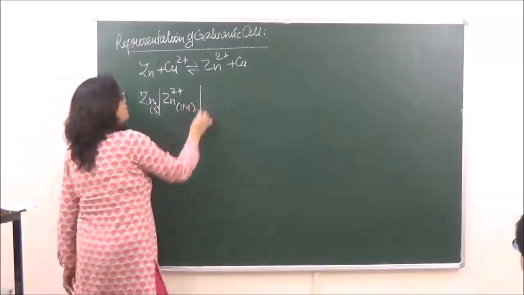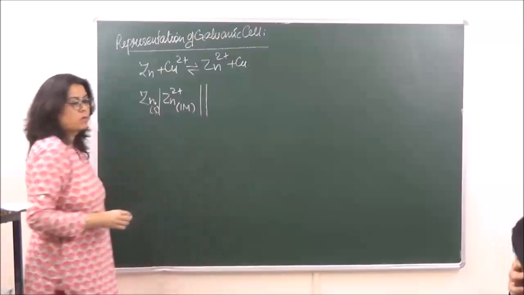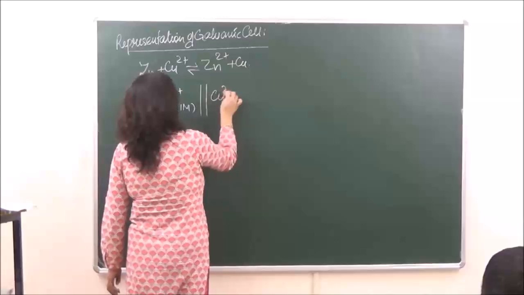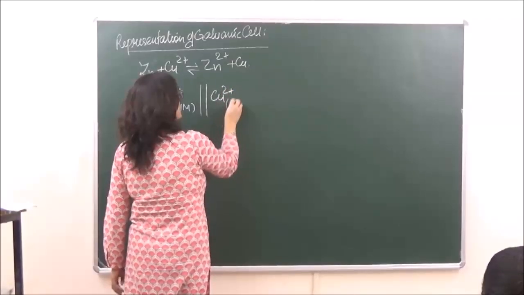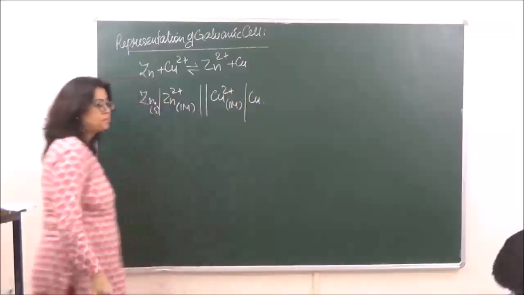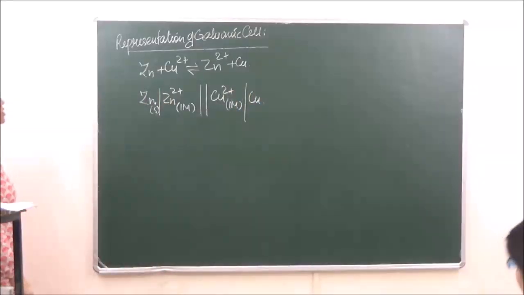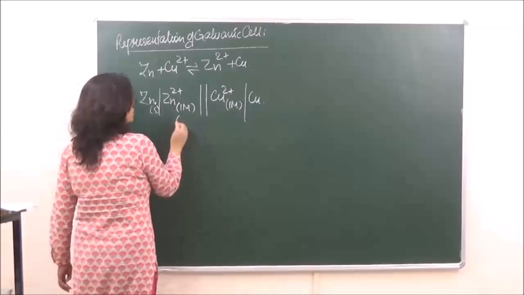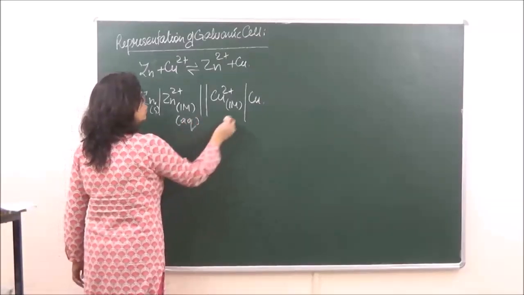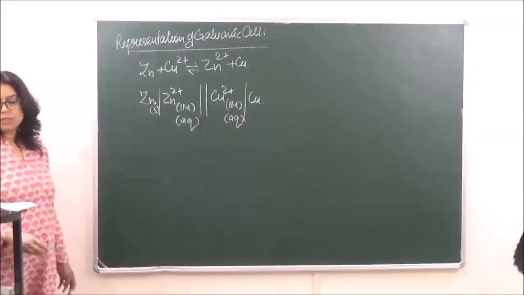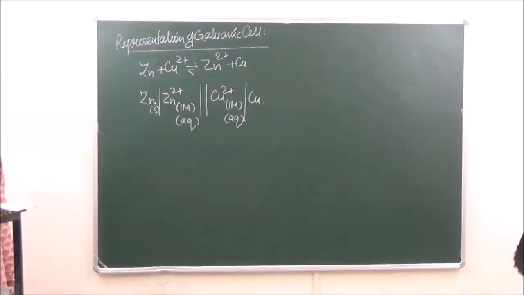Then we represent the salt bridge, which is represented by a double slash, and Cu2+, again the concentration, and Cu. In case the concentration of the electrolyte is not mentioned, then instead of writing the concentration, we can also use aqueous in brackets.